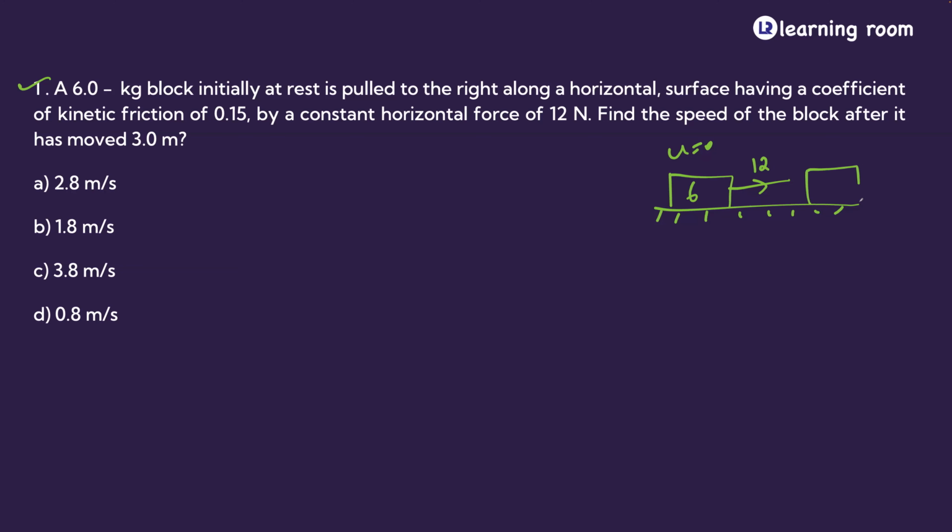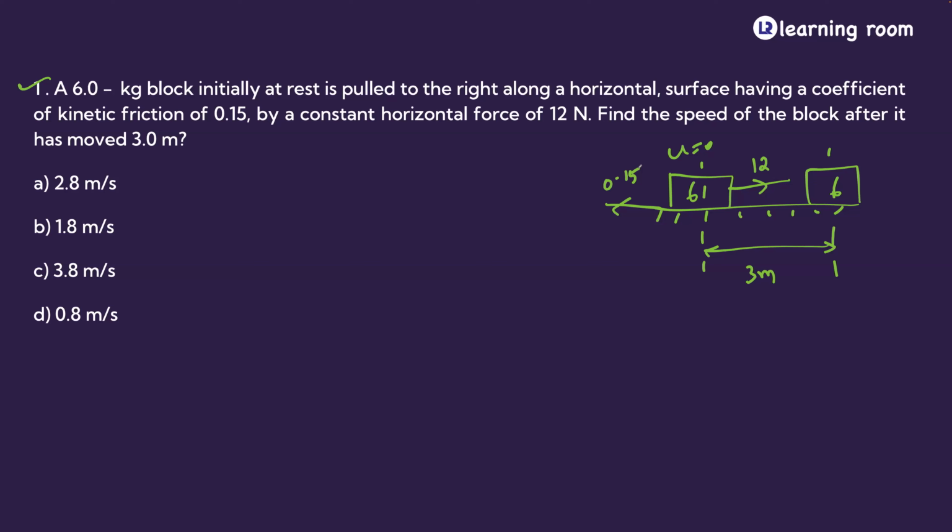And it has moved through a distance of 3 meters. And there is a coefficient of friction of 0.15 acting. It is a coefficient of kinetic friction. Find the speed of the block after it has moved a distance of 3 meters. So listen.